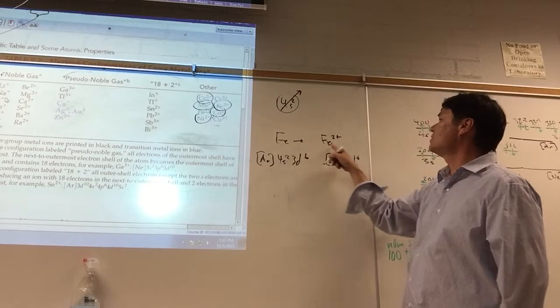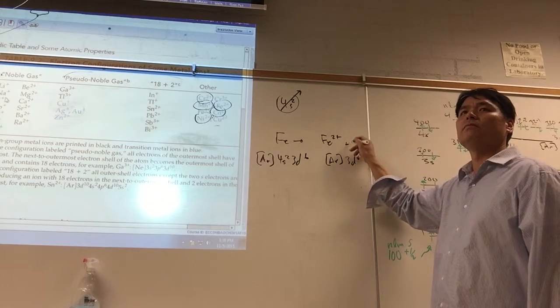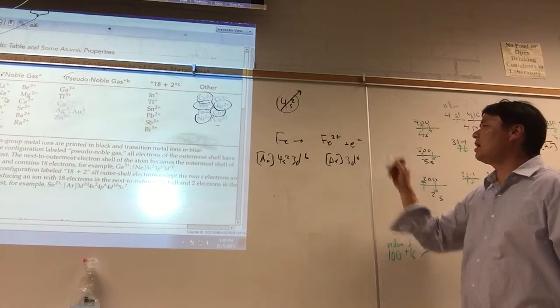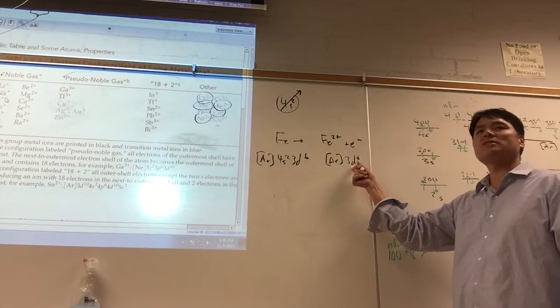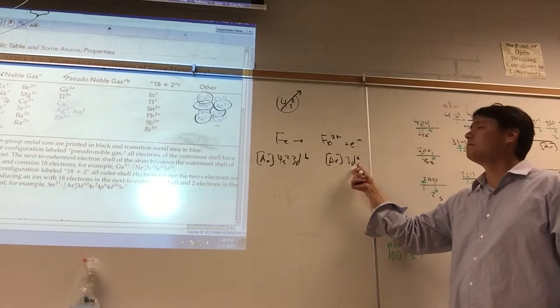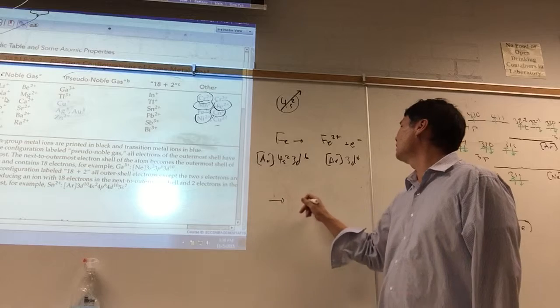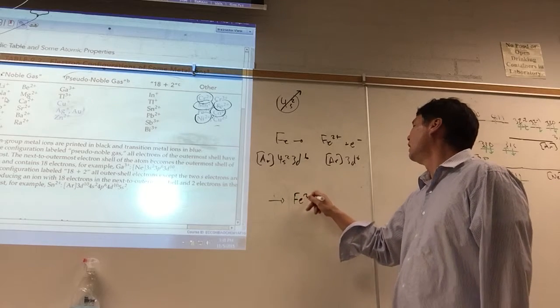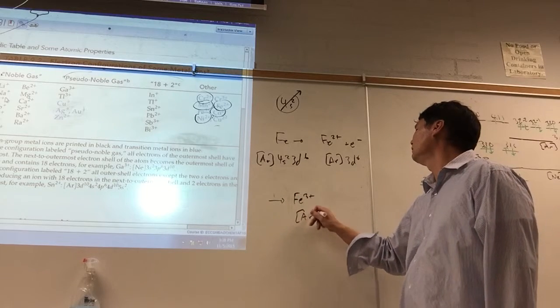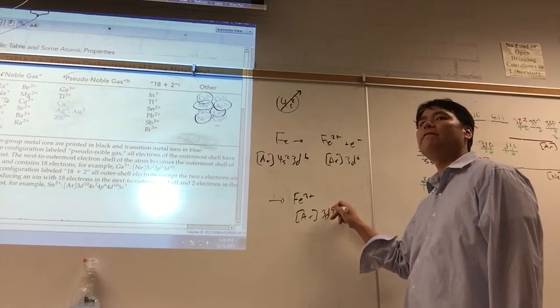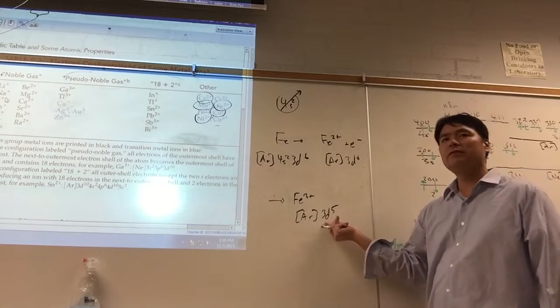And so a common oxidation state of iron is iron 2. Now, if we have a powerful enough oxidizer, it can attack this. If it attacks that, then we can go to iron 3 plus. Iron 3 plus will be argon 3d5. 3d5 is a half-filled subshell.